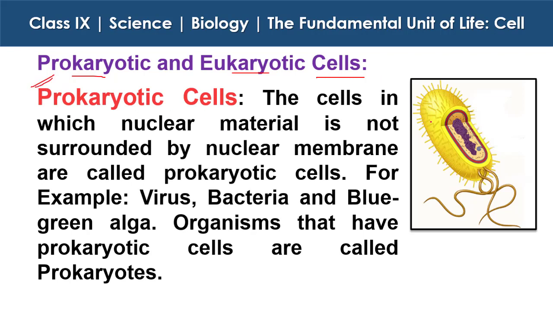The cells in which nuclear material is not surrounded by a nuclear membrane are called prokaryotic cells. For example, virus, bacteria and blue-green algae. Organisms that have prokaryotic cells are called prokaryotes.